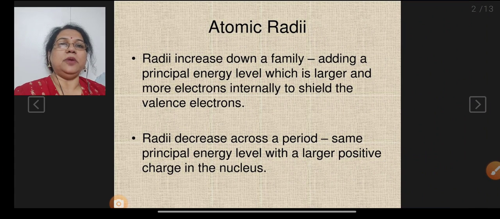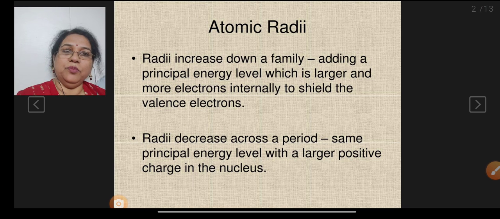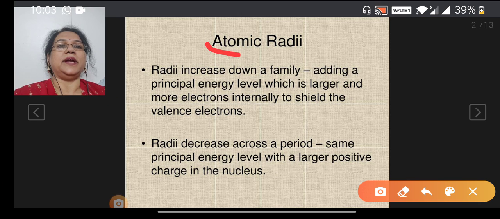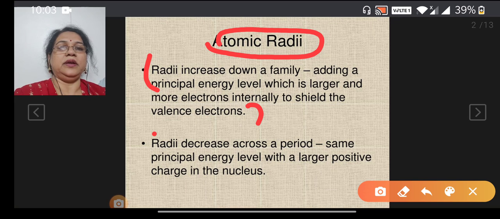Atomic radii increase down a family or down a column, because a principal energy level is added, which is larger, and more electrons internally shield the valence electrons. Radii decrease across a period, with the same principal energy level but a larger positive charge in the nucleus. You have to write the atomic radii definition from here to here, then the radius decreases across the period from here.